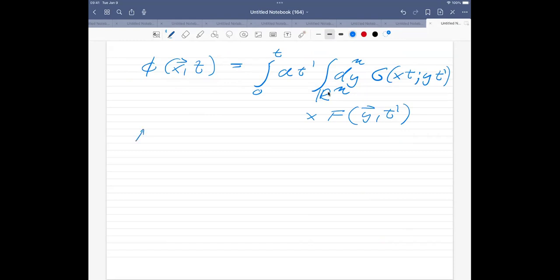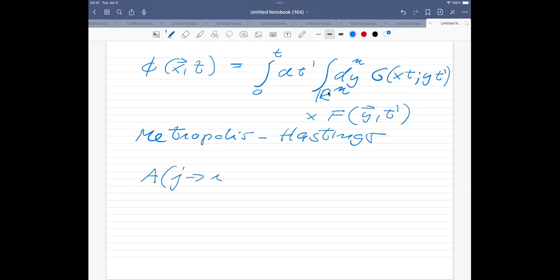So if we go back to the Metropolis sampling, what we end up with is a modified Metropolis sampling, which is normally called the Metropolis-Hastings. And that means that the acceptance of making a jump from a position j to a position i is the same as the minimum of 1 and then the ratio.